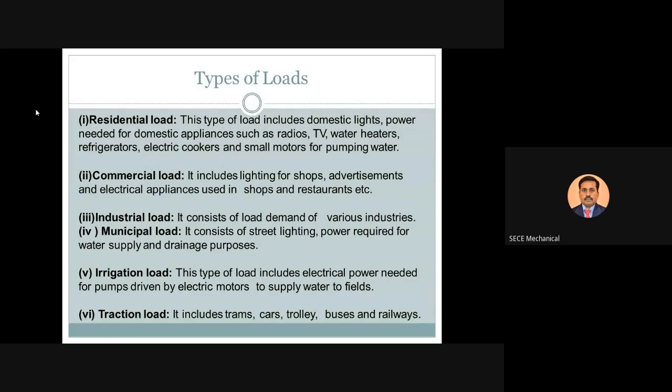Next we are going to discuss commercial load. Normally for commercial purposes, like advertising the shop, some lighting is required, and some operations in restaurants, such as menus. We use power for commercial purposes, and all of these come under commercial load.